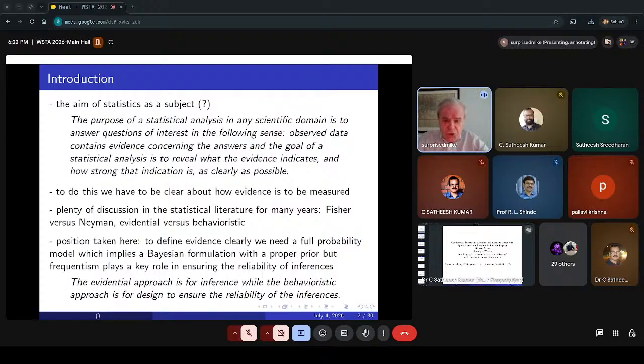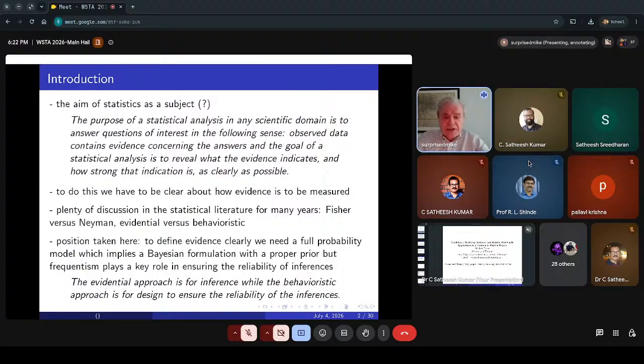This is a historical debate that goes back to the 1930s, a debate between Fisher and Neyman, which I would call Fisher's evidential approach versus Neyman's behavioristic approach. That is relevant to my talk today, because I'm going to present things from the point of view of evidence, and the procedure used in particle statistics comes directly from Neyman's paper in 1937.